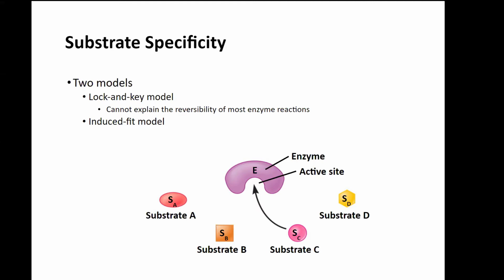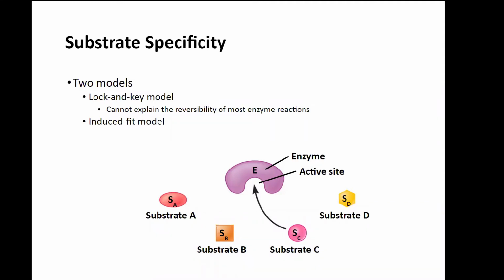So if we had a lock and key model where our lock is a very, very specific shape just for those original reactants, then this wouldn't really work because those products shouldn't fit in if we just have that one lock shape. So a slightly more accurate theory of how an enzyme works is something called the induced fit model.